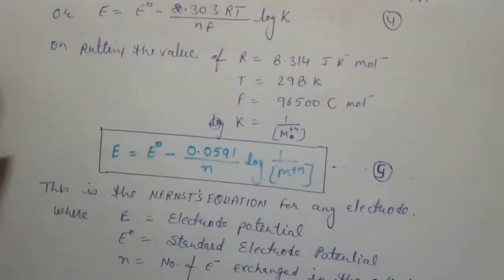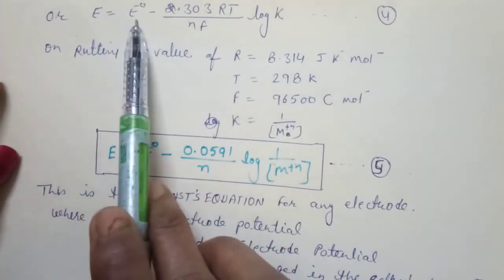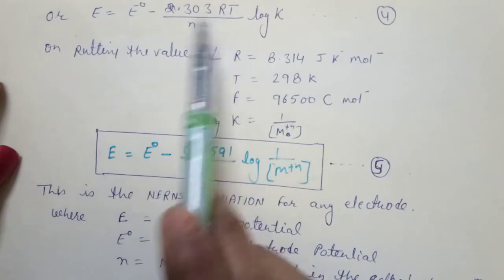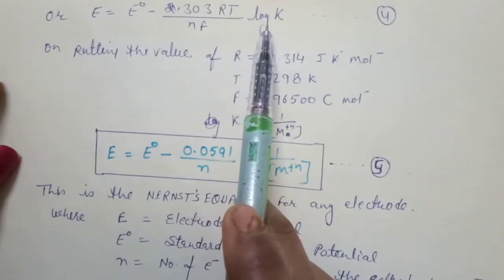Now we can say E is equal to E naught minus 2.303 RT upon nF log K. Now this is base log 10.